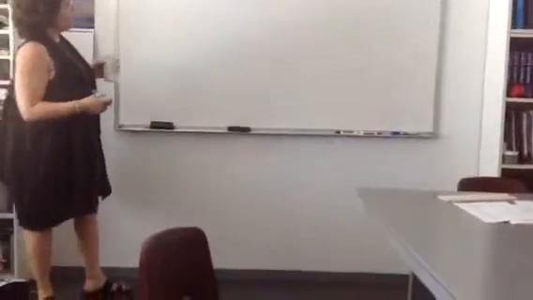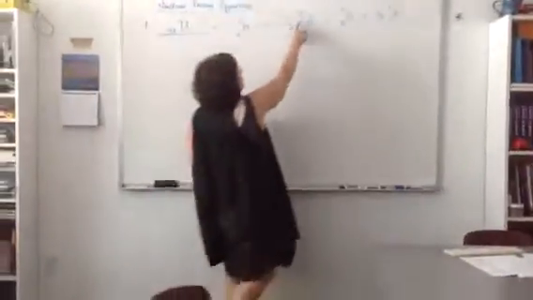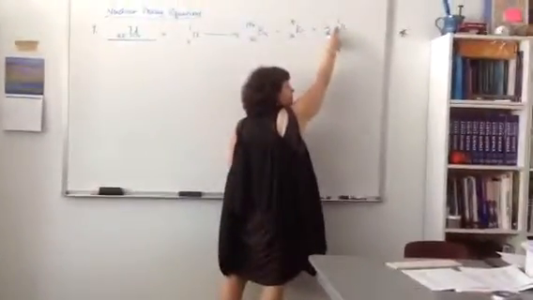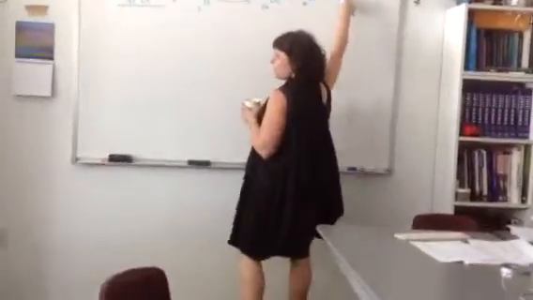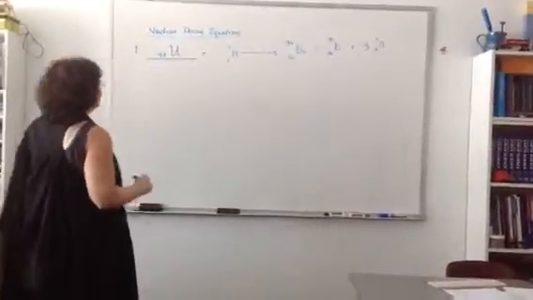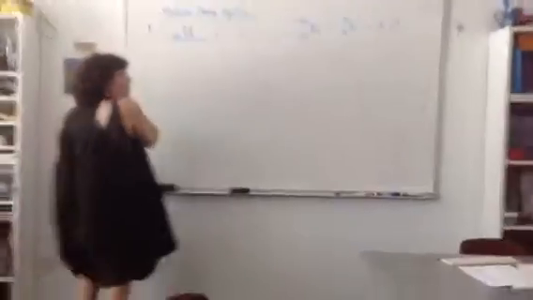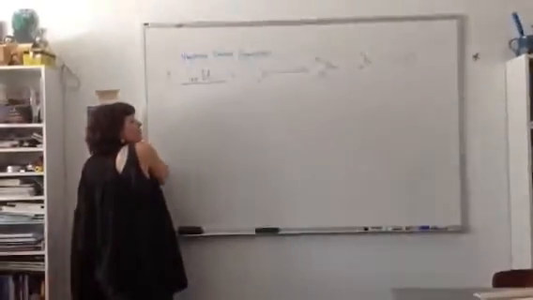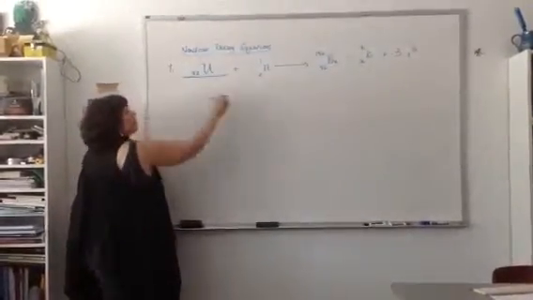Does that become 235? So what about this? 146 plus 91 plus 3, but it's 2 because there's another neutron there on the other side. So it's really only 2. Because there's a neutron here.